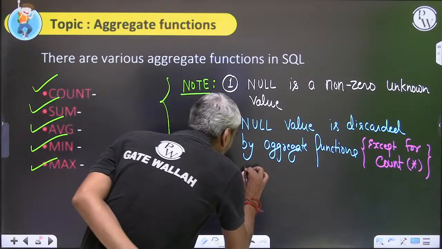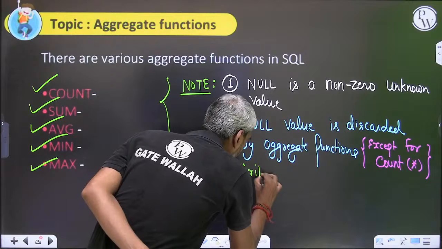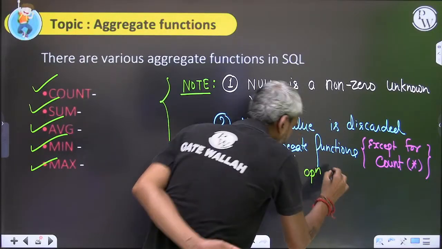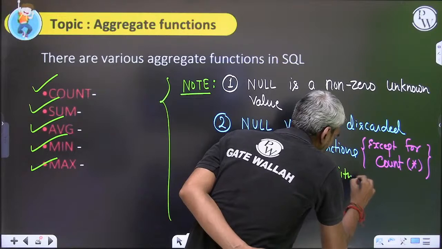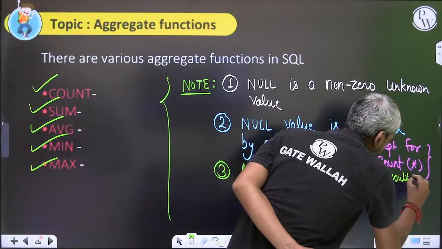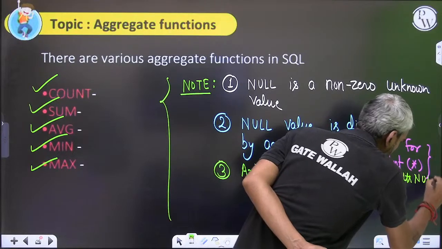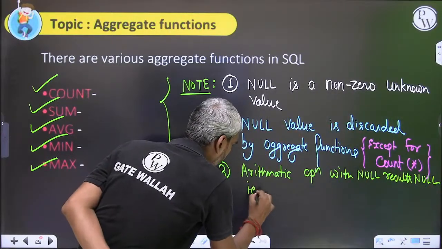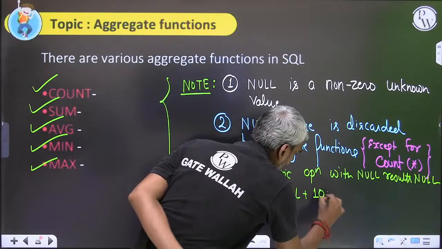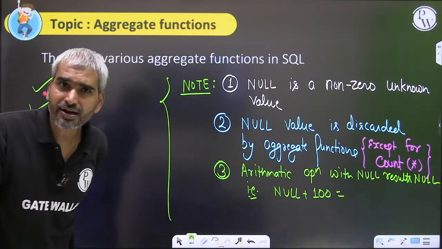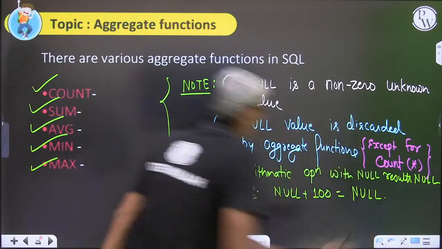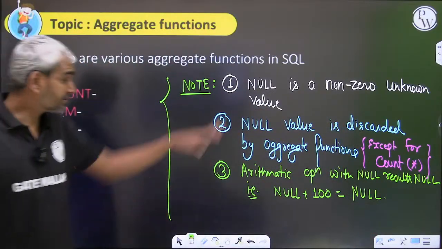So arithmetic operation with null results null. What does it mean? If you add some value, let's assume 100, to null, will it become 100? No, it will remain null. So these are some important things.